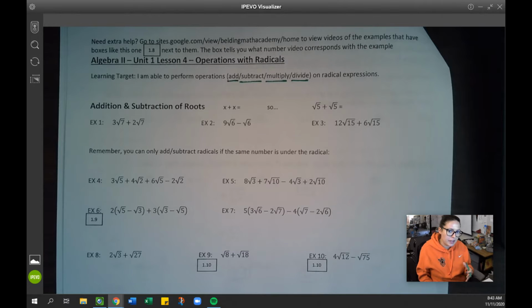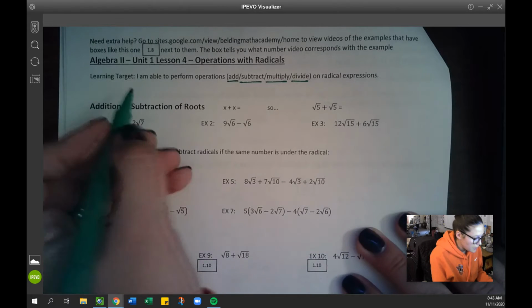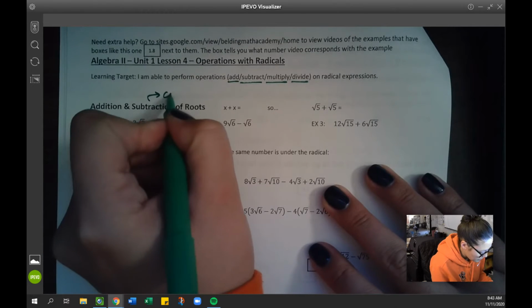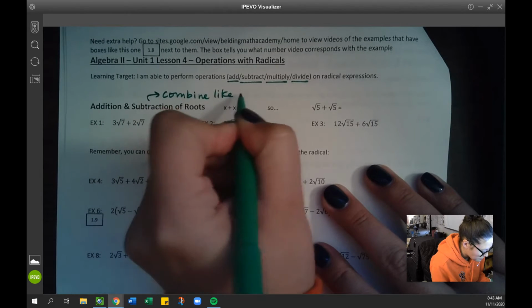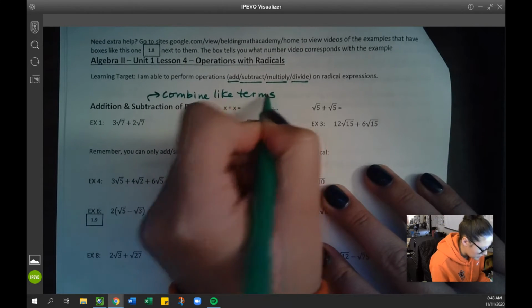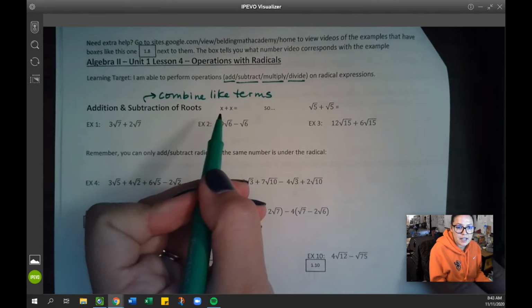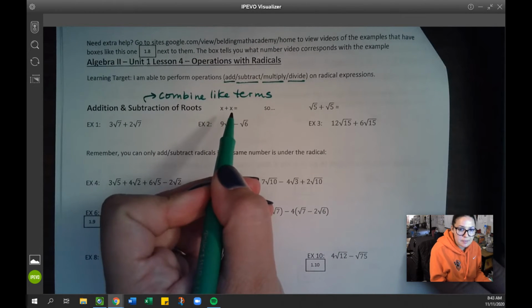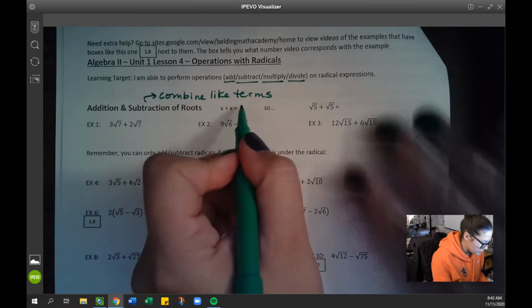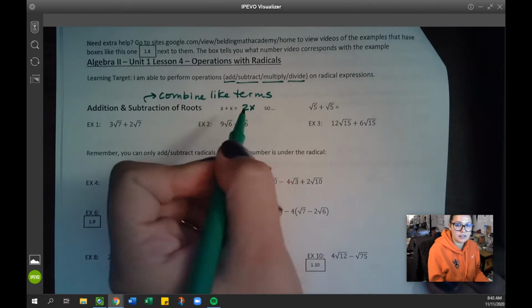subtracting, multiplying, or dividing. Now, addition and subtraction of roots, you basically are going to think of it like combining like terms. So for example, if I have x plus x, that makes 2x.